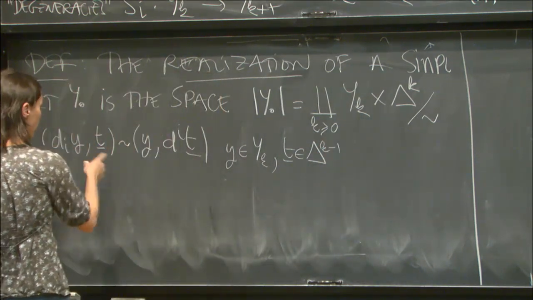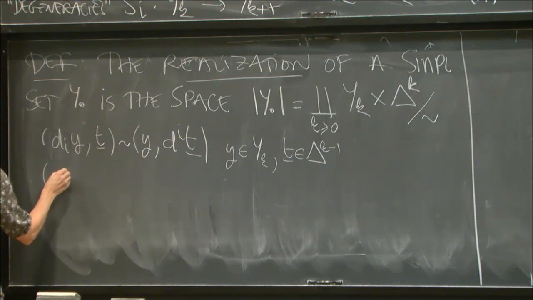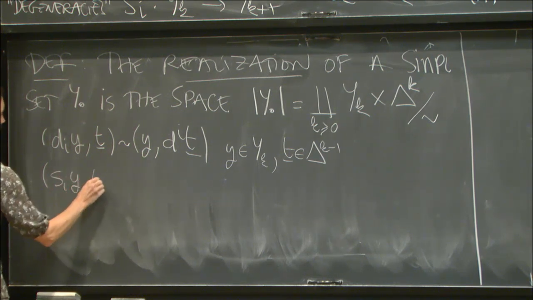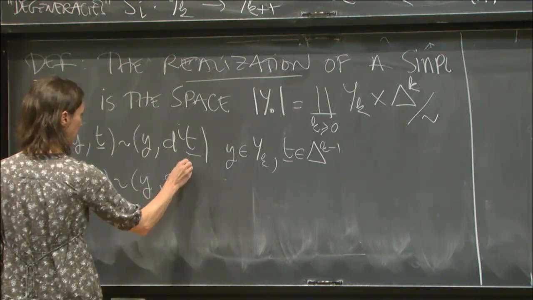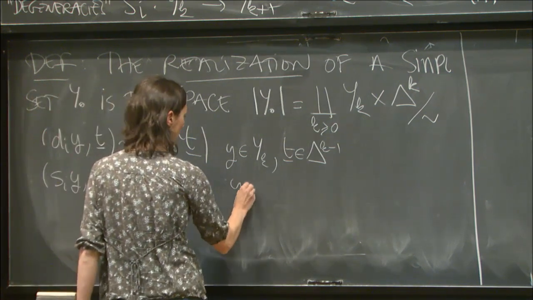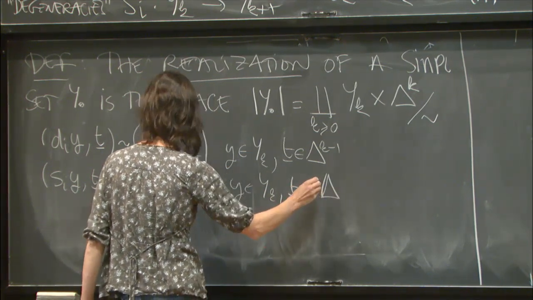So for all such, we glue them, and we do the same with the degeneracies. s_i y, t is equivalent to y, s^i t, for all y, say in Yk, and t in delta k plus 1.